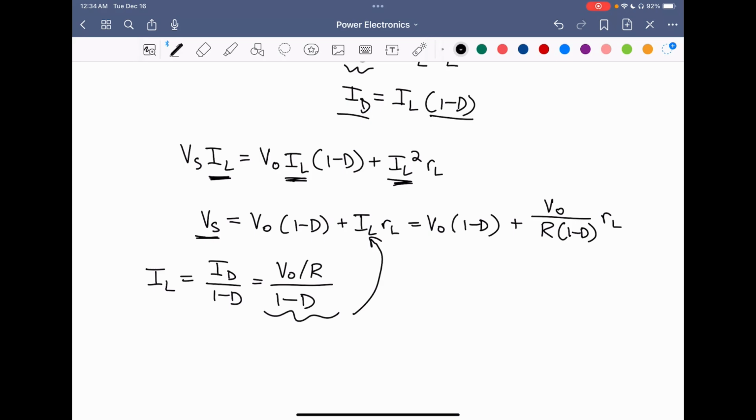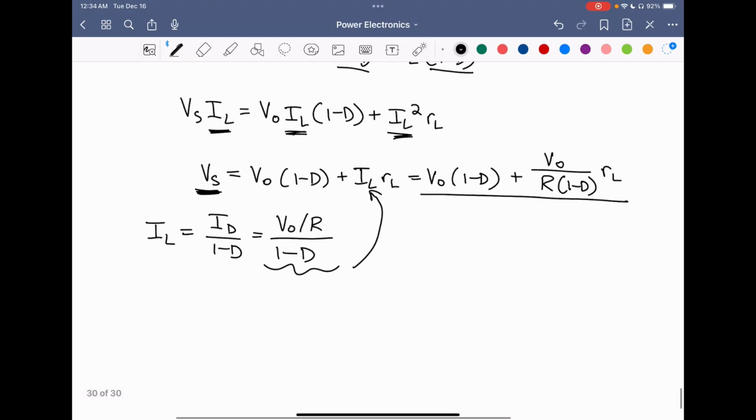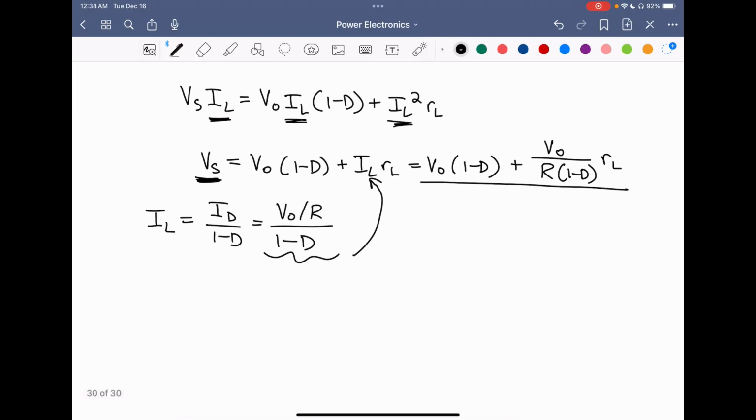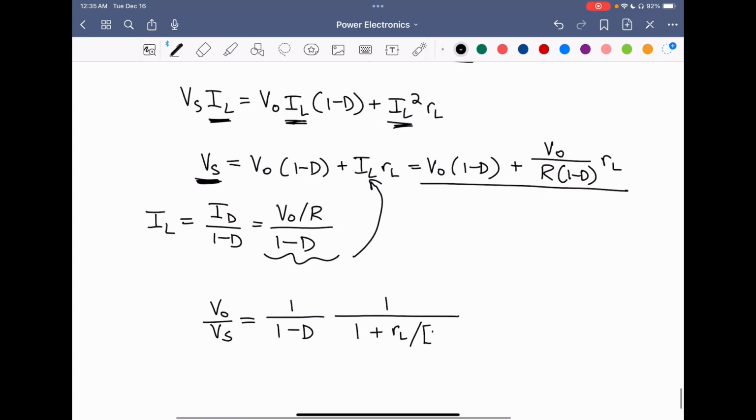So this equation, Vs equals this. We can then solve for V out over Vs. And if we do so, just manipulating some of this algebra, we get VO over Vs equals 1 over 1 minus D times 1 over 1 plus RL divided by R times 1 minus D squared.